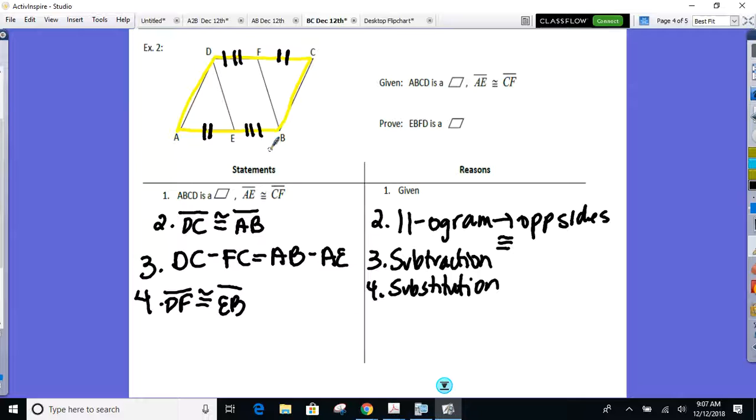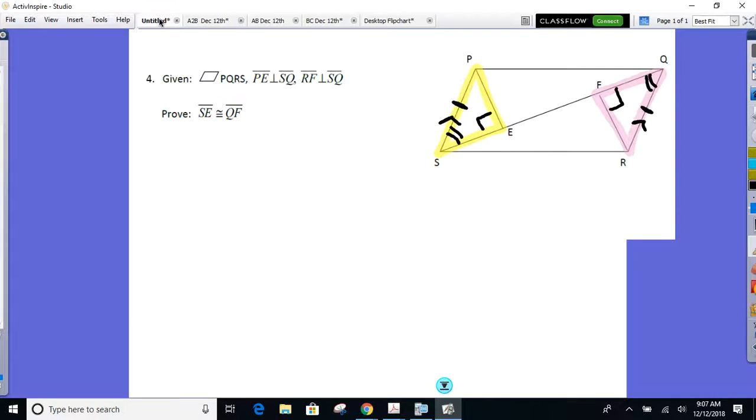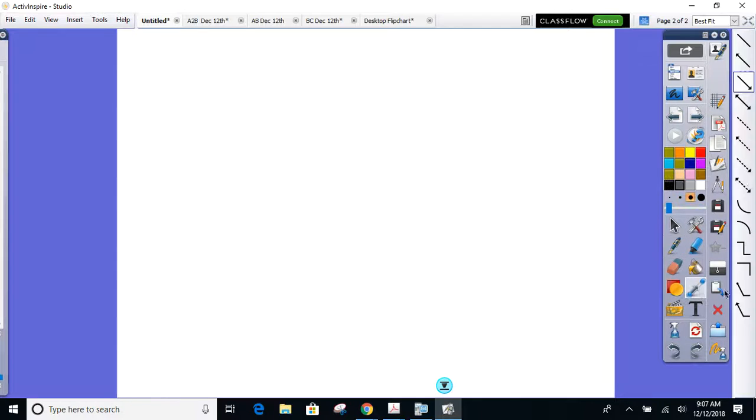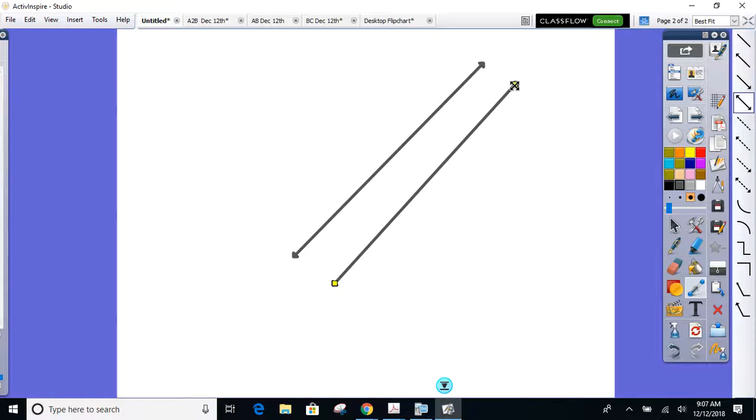What else do you know about side AB and side DC? We said they were congruent. They're also parallel. Ready? Watch this diagram here. Two parallel lines.